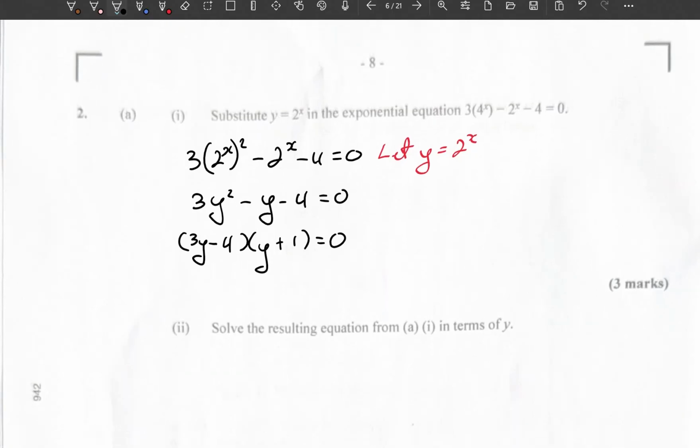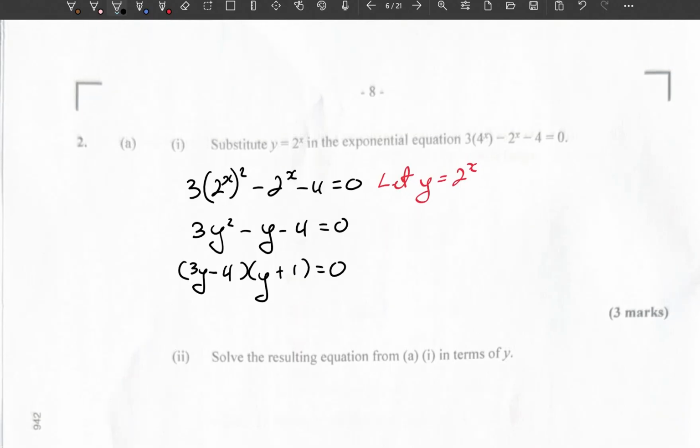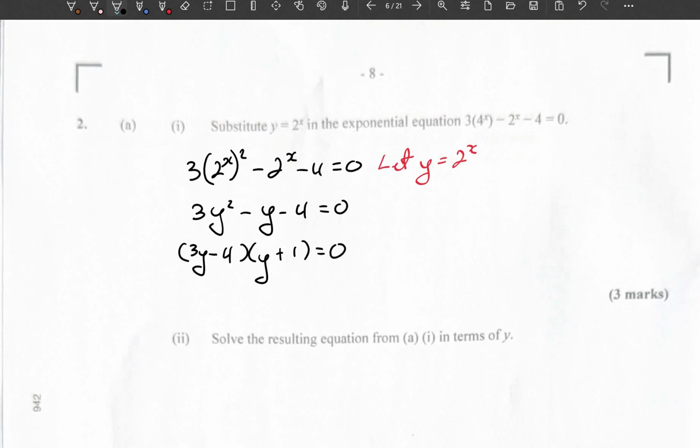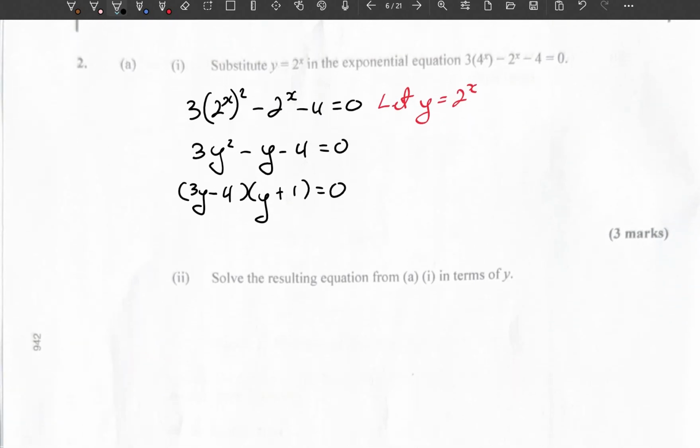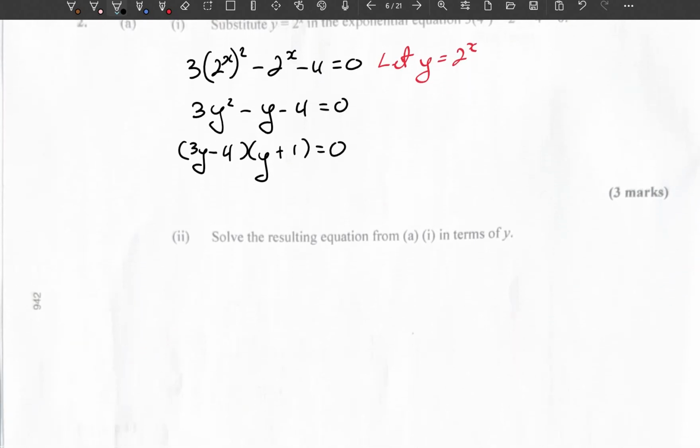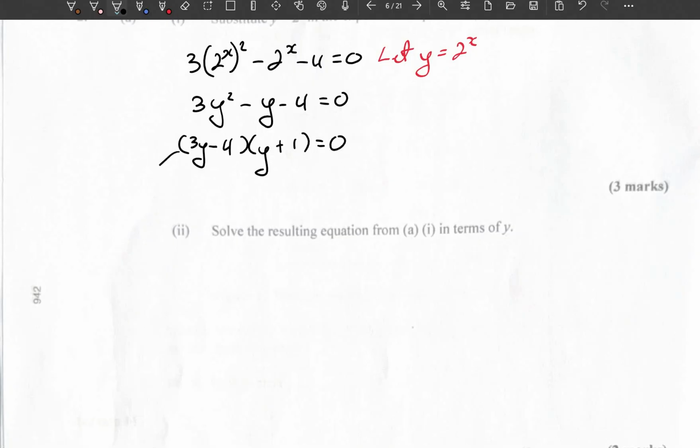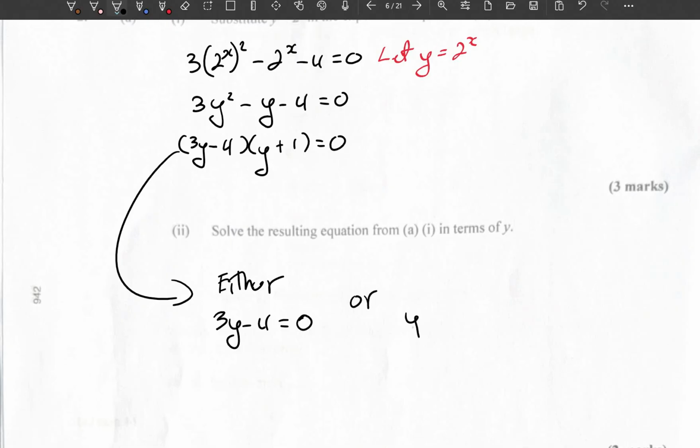Okay, so I guess they did not ask us to do all of that. They just asked us to make the substitution. And so I went ahead with part 2 one time, which is solve the resulting equation in terms of y. So finishing this up, we see then that either 3y minus 4 is equal to 0, or y plus 1 is equal to 0.